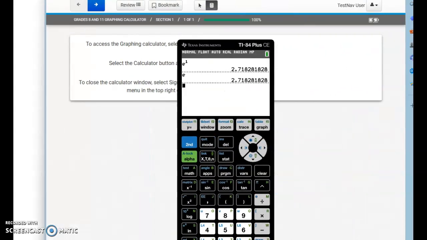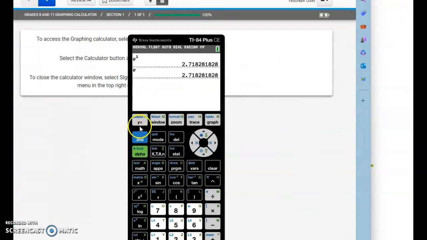So if we were to graph that, it would look like this. Let's hit graph. So it's an exponential function. Remember, e is a base between 2 and 3, so it looks very similar to what we've seen when we use the base of 2 and the base of 3.